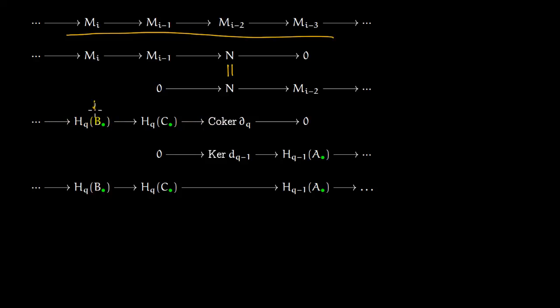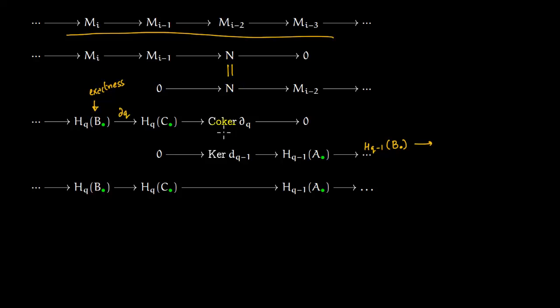We already showed exactness here, and then this was not exact. We make this part exact by putting in the co-kernel of, say, partial q here, and then you have this map H_{q-1}, and then this will go to H_{q-1} of our complex in B, and so on.